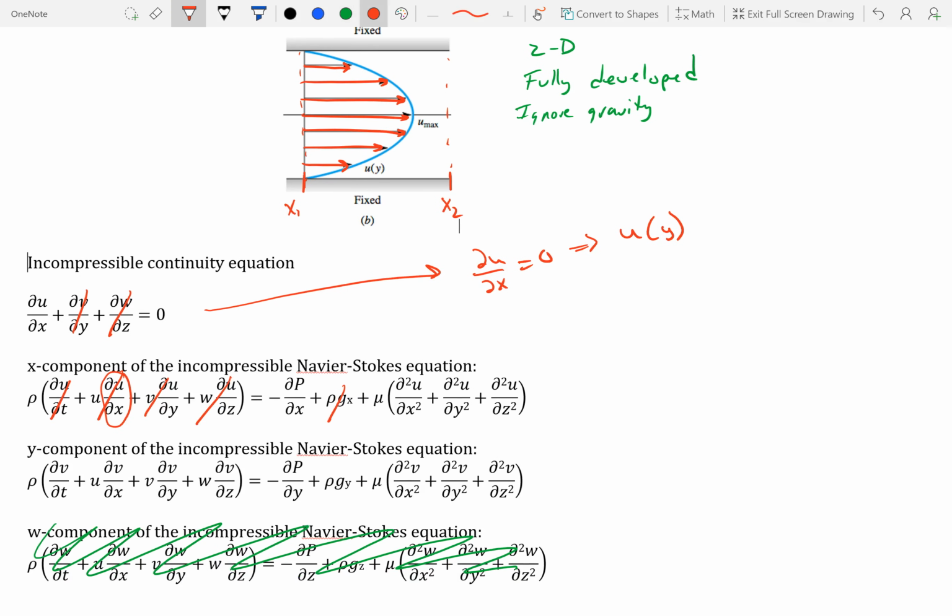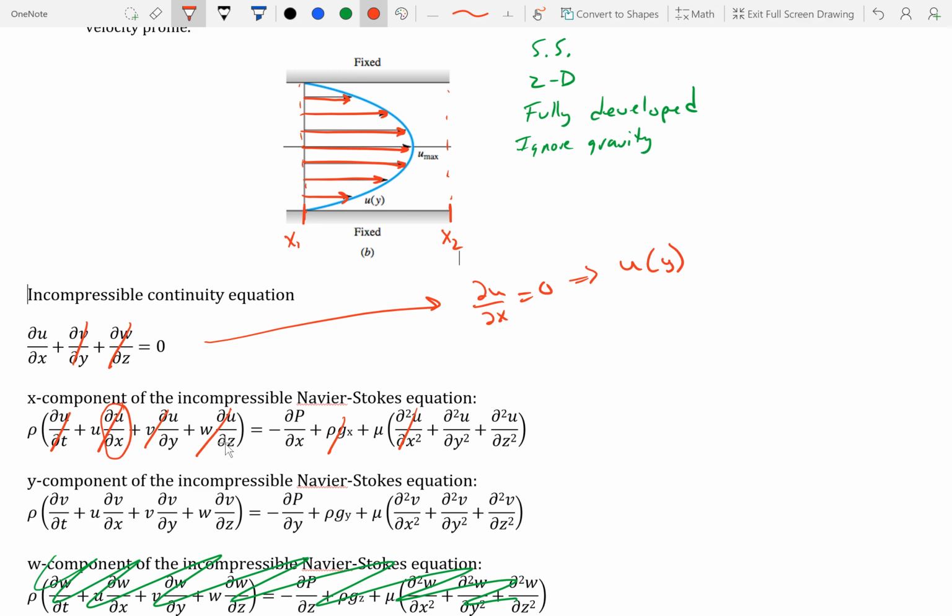Okay, and this is 0. We don't know about this, and we do know about that. Okay, so based on this, we get negative dp dx plus mu d squared u dy squared equals 0.